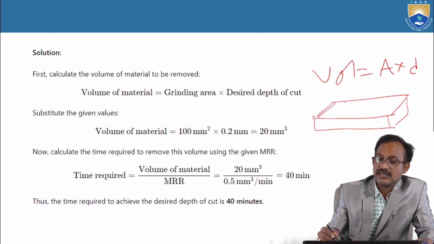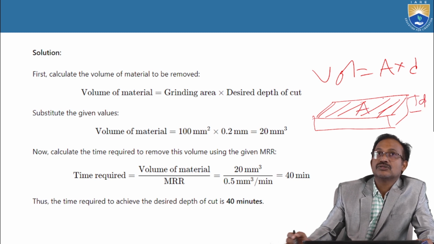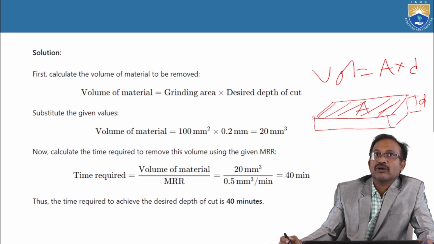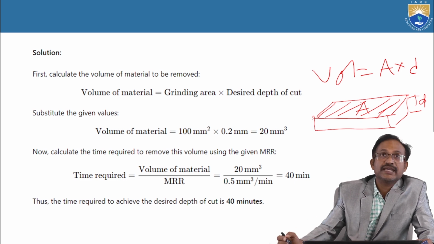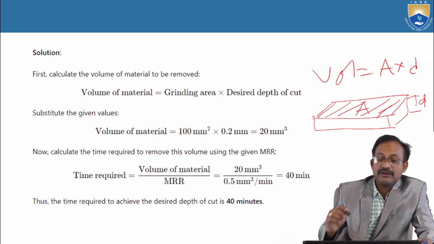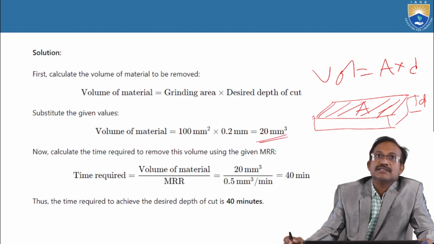This is the area and this is the depth. That will be the volume of material to be removed. Substitute the given values: area 100 mm square and depth of cut 0.2 mm. So we get 20 mm cube, that is the volume of material.